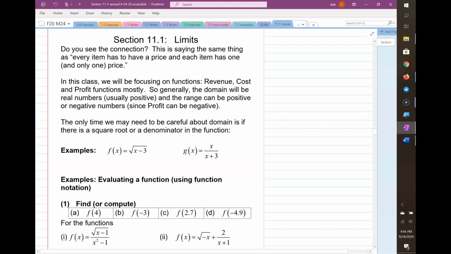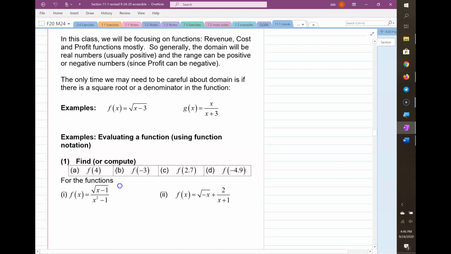So the only time we have to be careful about domain is if there's a square root or a denominator, or both. For the square root, we know we don't want to take the square root of negative numbers. So we want to make sure x minus 3 is positive. Well, this is the math sentence that says, make sure x minus 3 is positive, and it's okay for it to be 0.